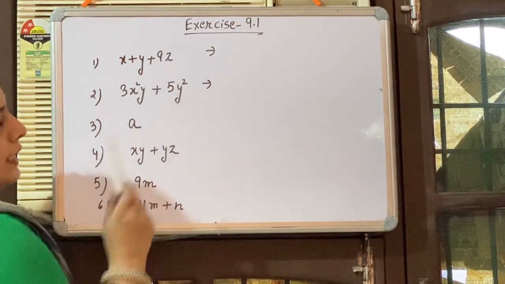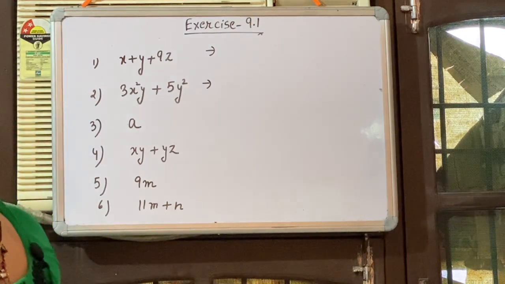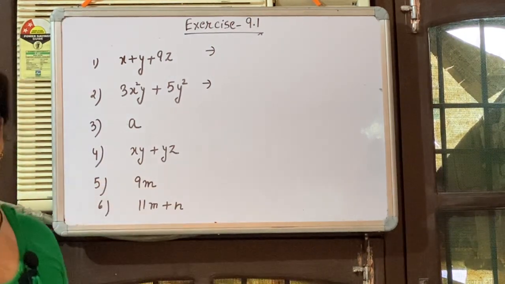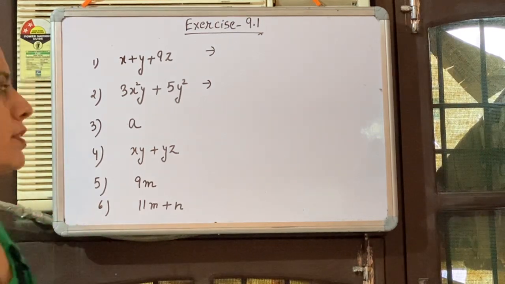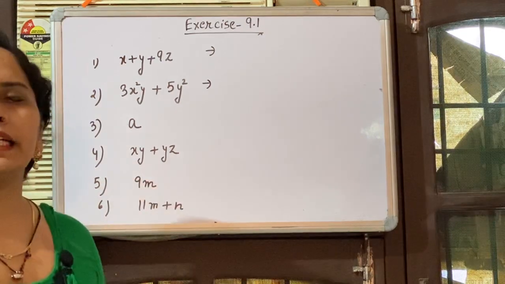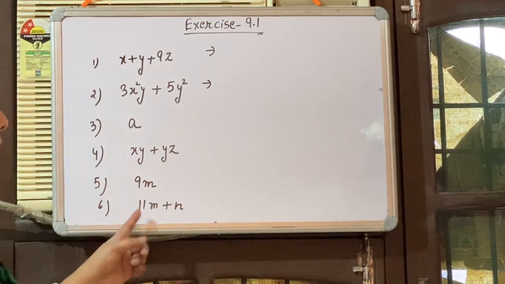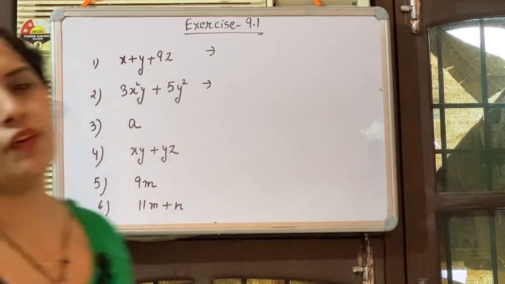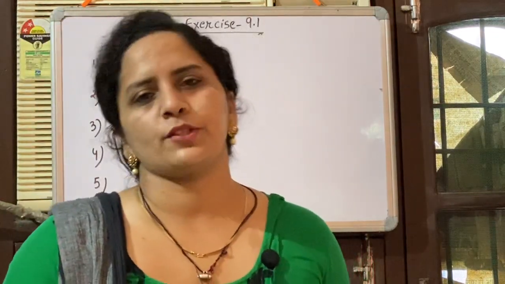Fourth one contains two terms, so this is the type of binomial. Fifth one, just a single term, which is 9m, so this is the type of monomial. Next, it contains two terms, first one is 11m and second one is n, so this is the type of binomial algebraic expression. Okay.